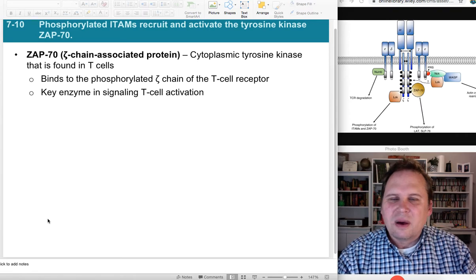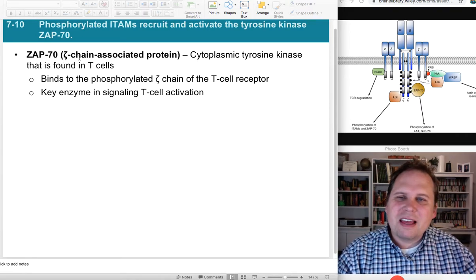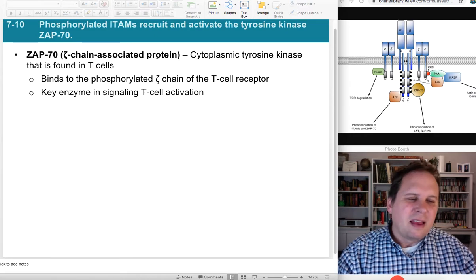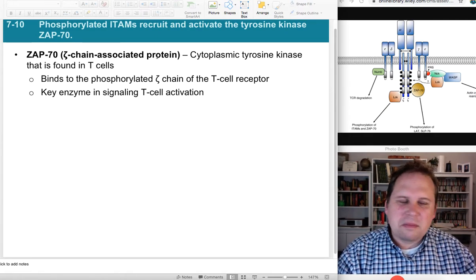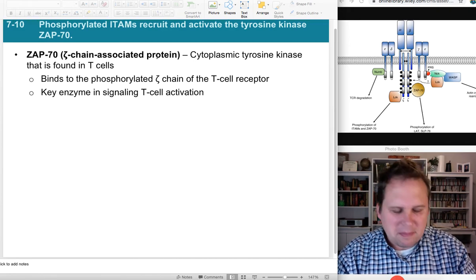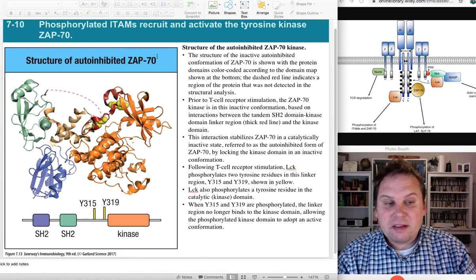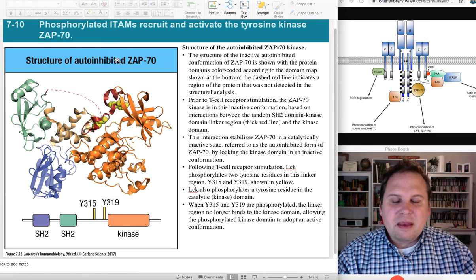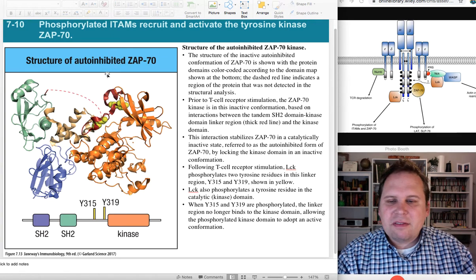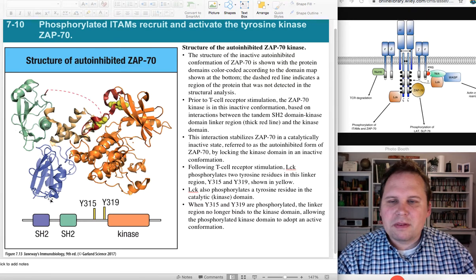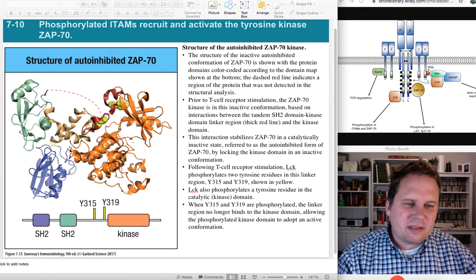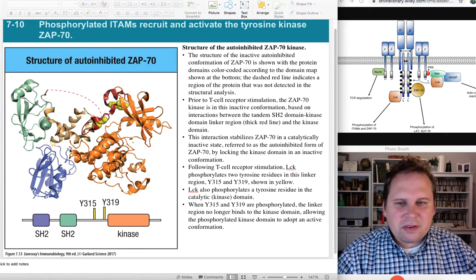Oh yeah, and ZAP70's name is zeta chain associated protein, and I think it's 70 kilodaltons, something like that. So that's why it's got that name. All right, so this is what a ZAP70 looks like, and drink it in. ZAP70 is going to have SH2 motifs, and so that's our green one here and our blue one. These are both SH2 motifs, and it looks like they're not attached, but that's just because of the way the crystal structure is solved.